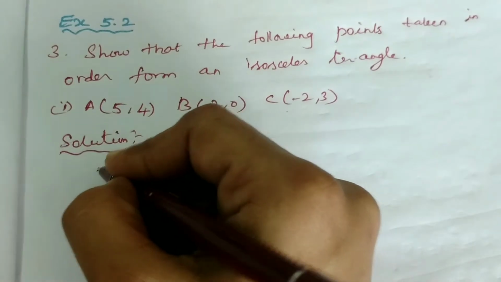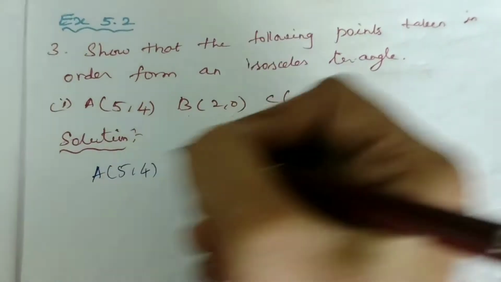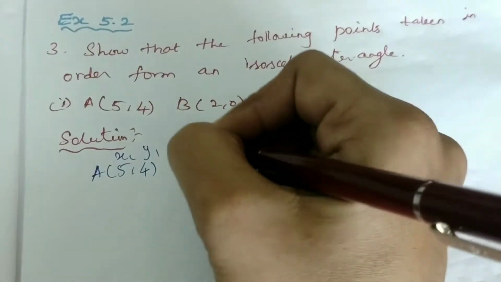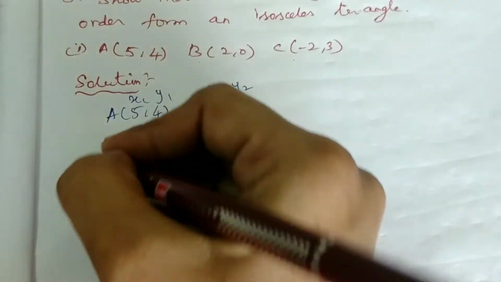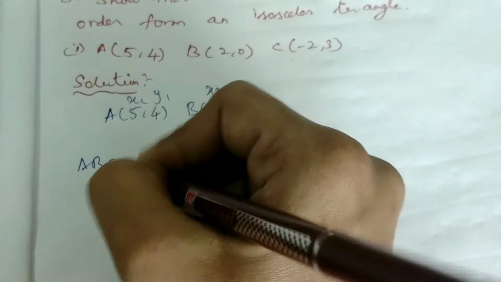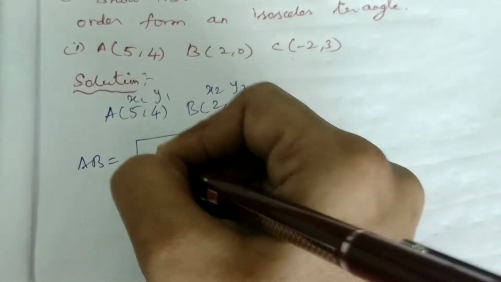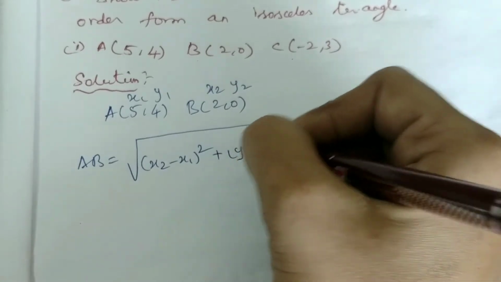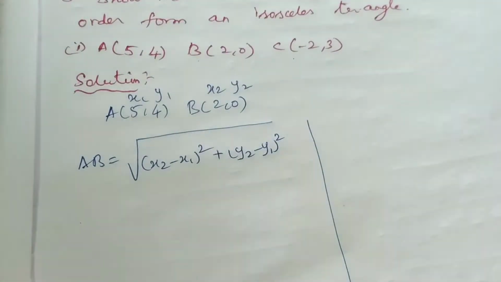First, take A as 5, 4 and B as 2, 0, that is x1, y1, x2, y2. Find the distance between A and B. AB equals square root of (x2 minus x1) the whole square plus (y2 minus y1) the whole square.